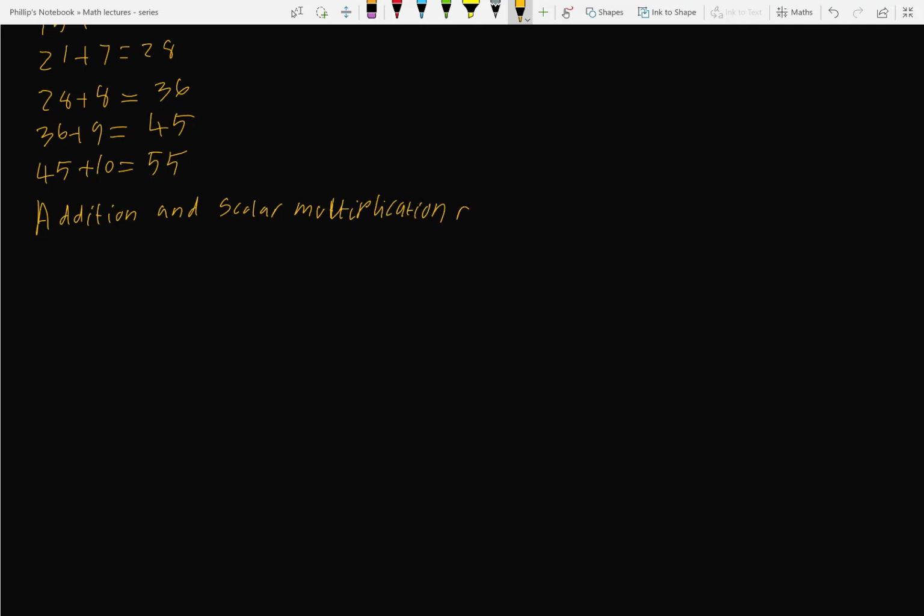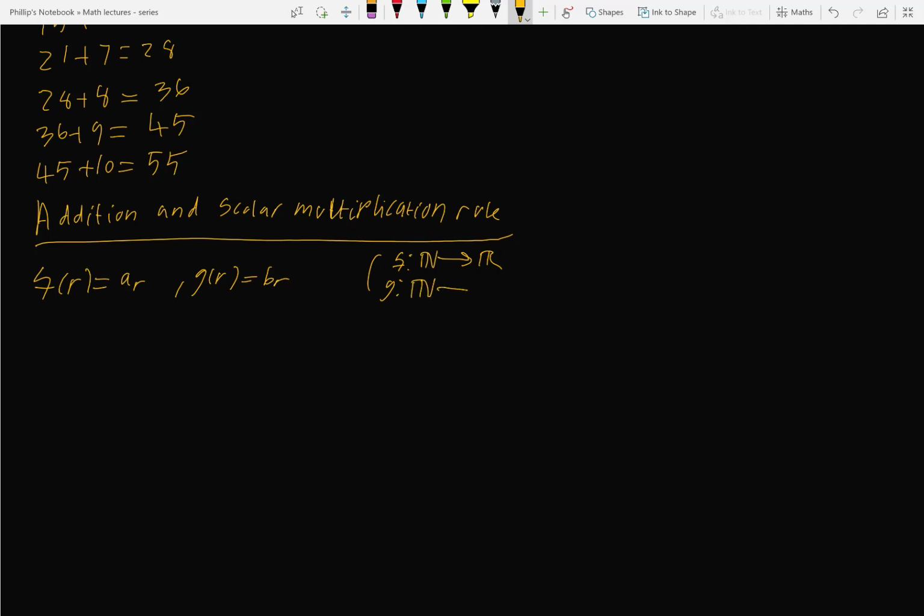So essentially, if we had two different sequences, so if we had the sequence f of r is equal to a_r and g of r is equal to b_r, and also we've got, like before, f goes from N to R, and also g maps a natural number to a real number. Then we're going to do the addition and scalar multiplication rule.